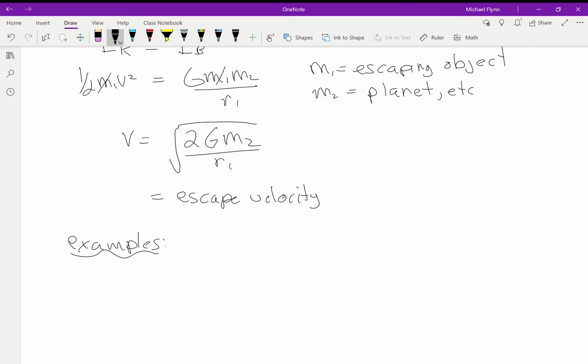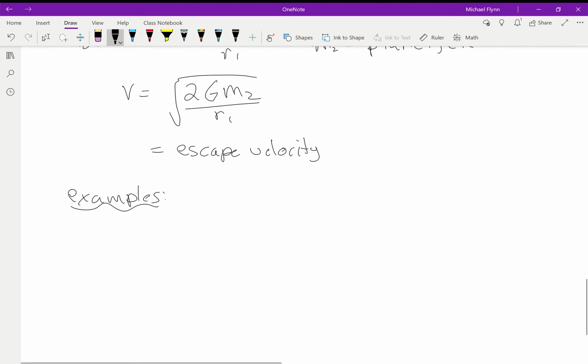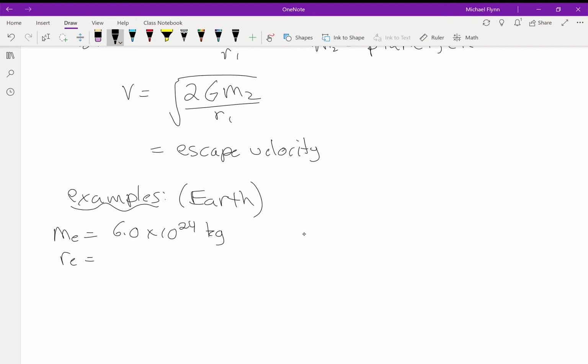All right, let's do some examples. First, let's do Earth. It really doesn't matter what planet you're on, as long as you have the mass and radius, you're good. So Earth has a mass of 6.0 times 10 to the 24 kilograms, and its radius is 6.38 times 10 to the 6 meters.